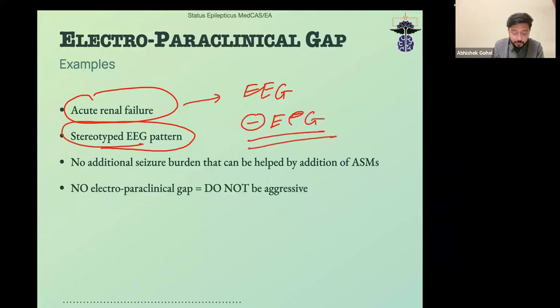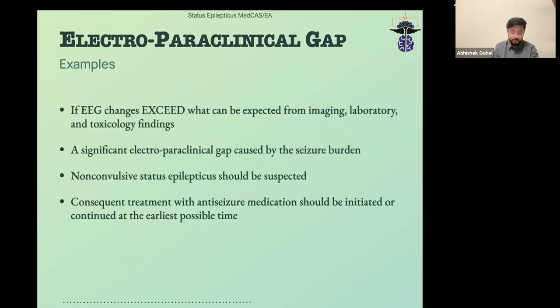It is absent. That means there is no additional seizure burden that can be helped by addition of additional anti-seizure medication or by escalation of the same. So when you do not find any electroparaclinical gap, you don't be aggressive.